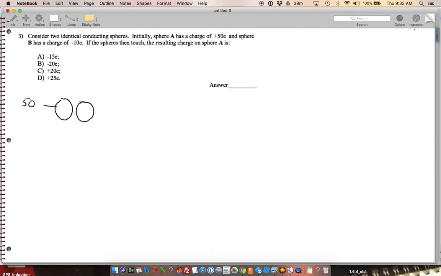This one's 50 E, and this one's -10 E, and then they touch. So this is A and this is B. Once they touch, the charges balance out, so I get 50 E minus 10 E, which is 40 E. Since they're equal, we're going to have the same charge on each, so I divide that by 2 and get 20 E. So the answer is C.